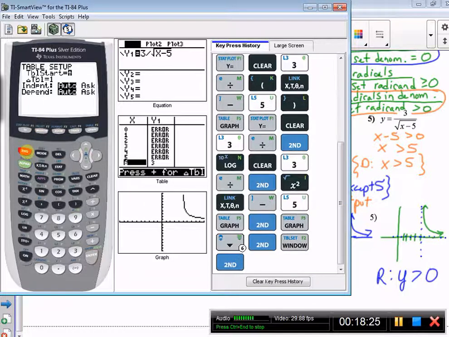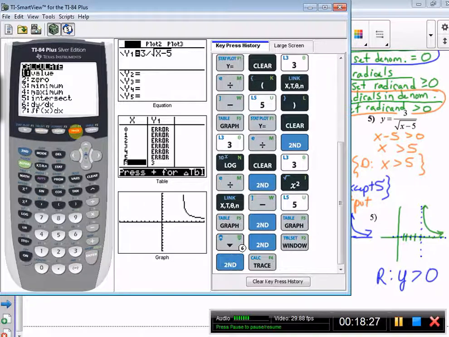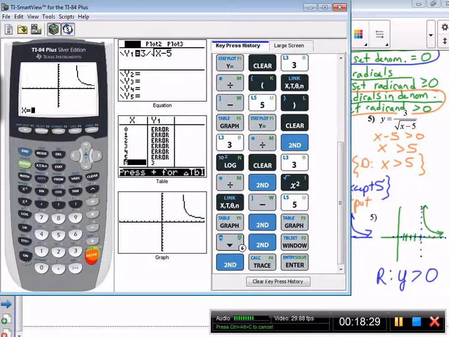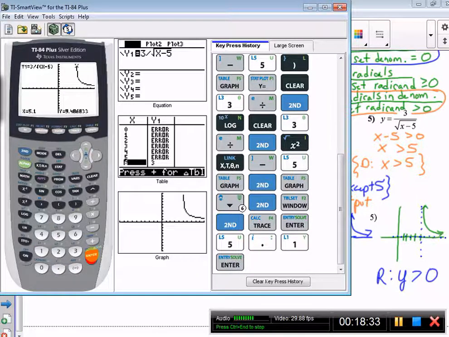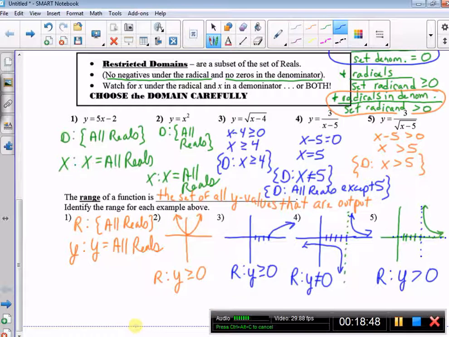I'm just going to go to second trace instead and do value. And I can say x equals 5.1, and it will tell me what's going on at y. And it's saying 9 point something. Okay, so if I said 5.001 for x, it would be even larger. So the y value is increasing. So y is greater than 0.